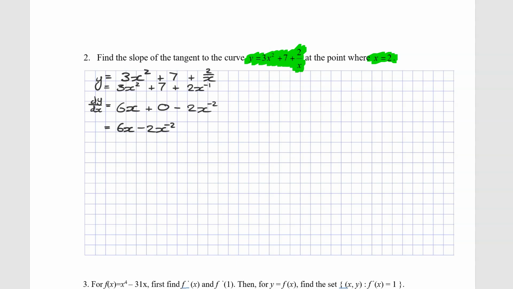Alright, cool. Now we want to find the value of the slope, or the gradient of the function y, where x equals 2. So simply all we're going to do is use the notation dy over dx, then the little dash here, for x equals 2. And then wherever we see x, we simply substitute in 2.